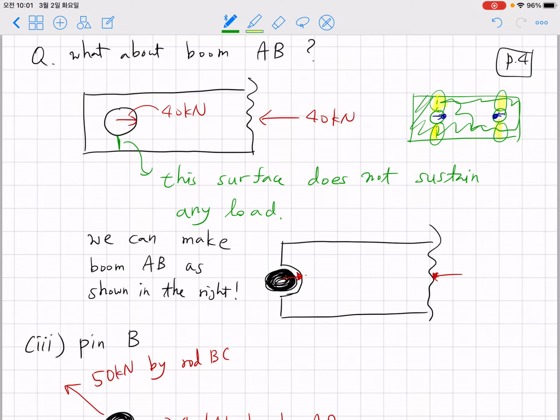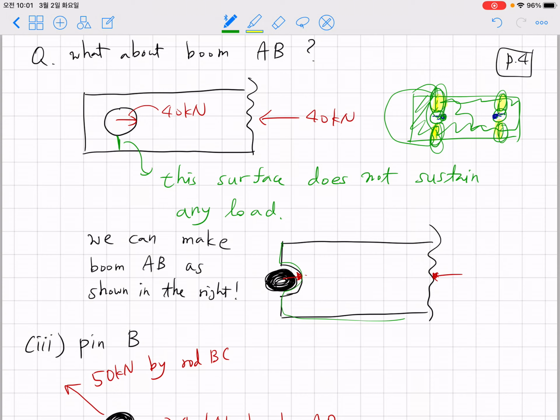In rod BC, because it was under tension, these tapered parts should sustain that 50 kilonewton. But for boom AB, these parts are doing nothing. So even if you take out this part and make boom AB in this way, you're not going to have any problem sustaining that structure if you only consider static effect.